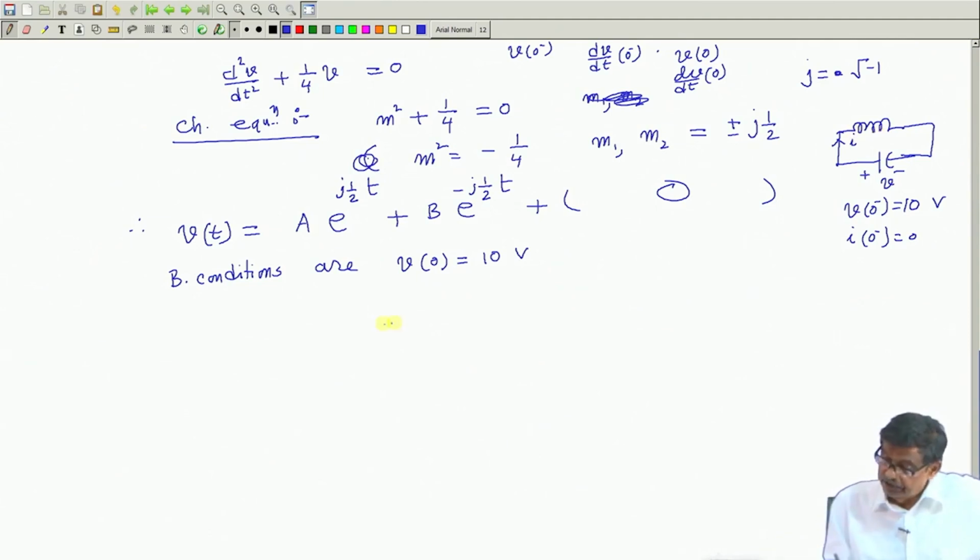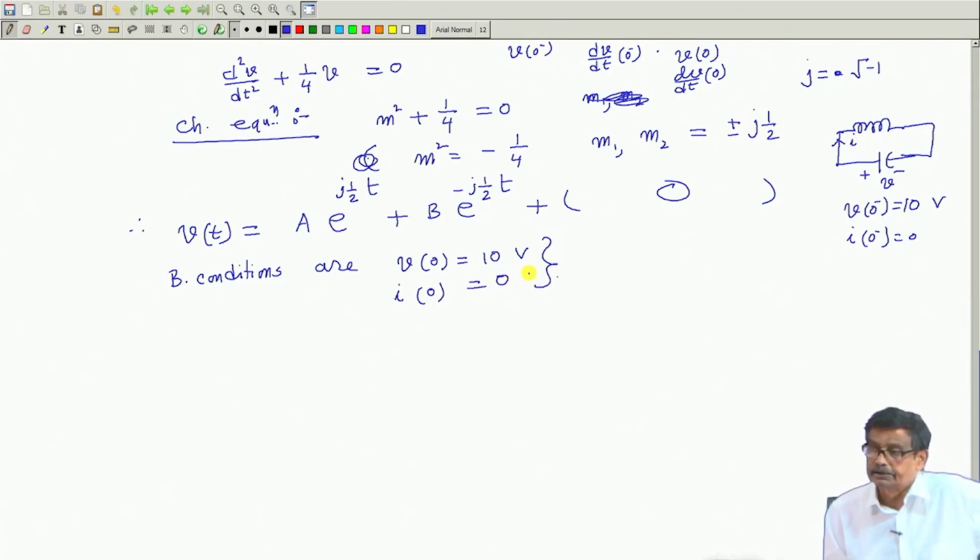Similarly, the current through the inductor, mind you, this is the direction of the current, I(0) must remain 0. These are the two boundary conditions.